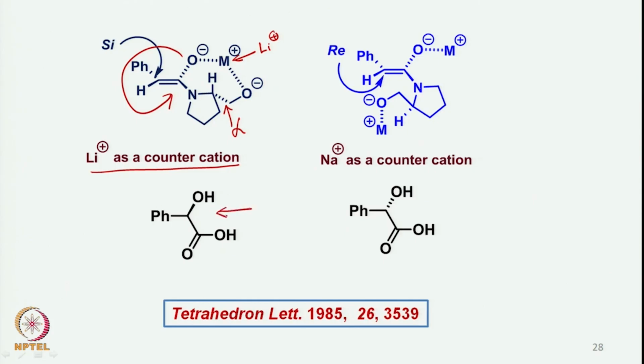On the other hand, when the sodium base is used, sodium is a counter cation which is not very good in terms of chelating as much as lithium plus is. Now we also have an enolate which is having this type of counter cation where there is a sodium plus, and here also the OH is deprotonated and you have a sodium plus.